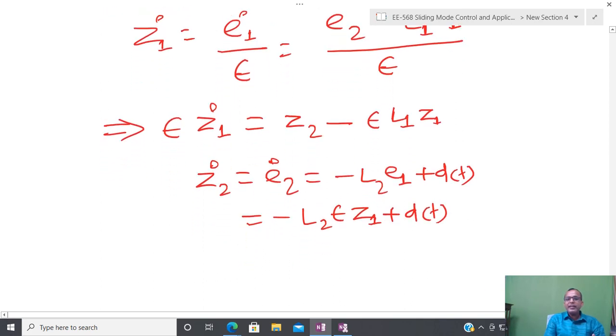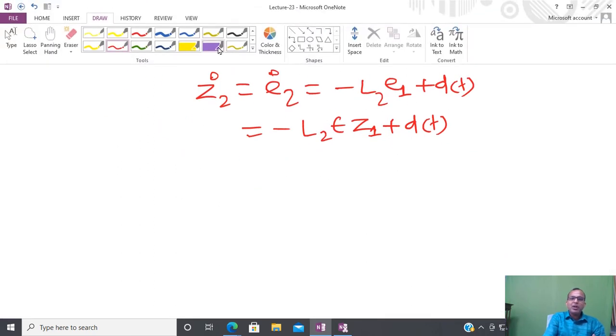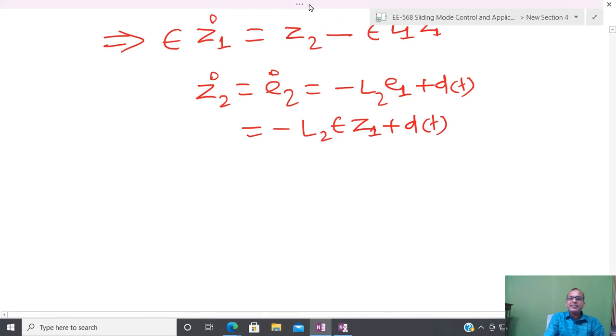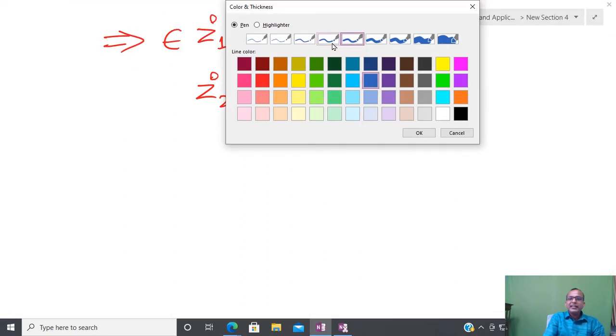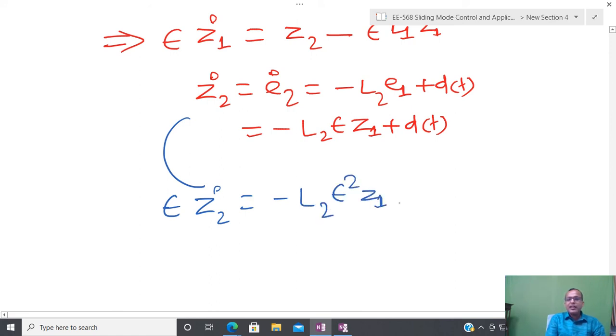Now, in order to maintain consistency, because I have to reject the disturbance, the disturbance should be multiplied with epsilon. So I am going to multiply both sides by epsilon, and I get L2 into epsilon square Z1, and after that epsilon into dt.